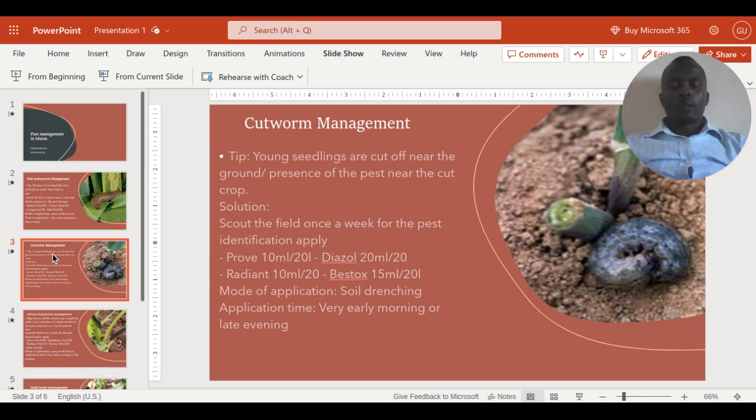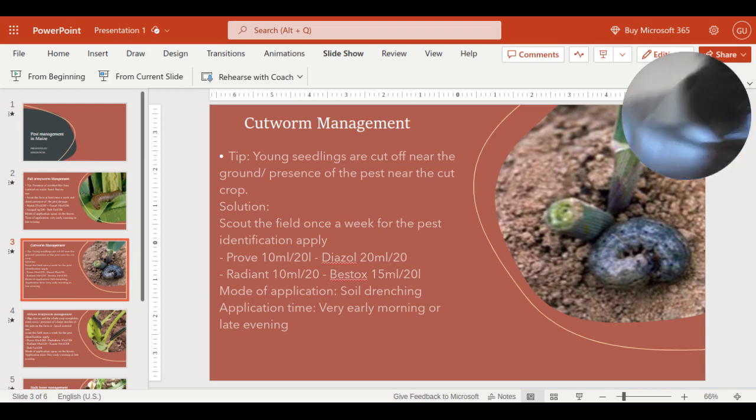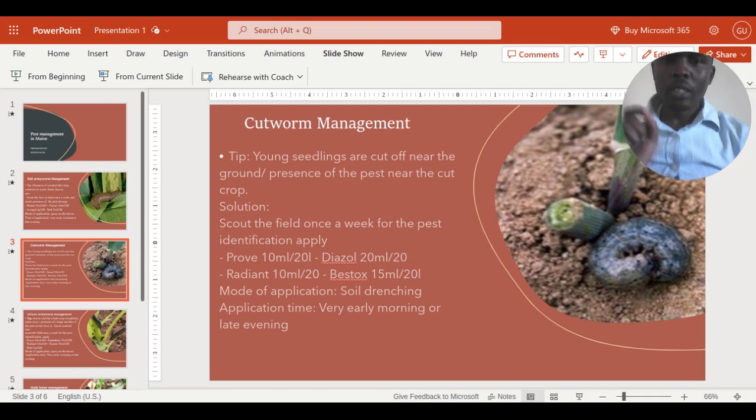The next pest I want us to look at is cutworm. How can you notice that these crops are being affected by cutworm? First, you will observe that the young seedlings are being cut down, or you will see the presence of these cutworms near the stalk or near those crops. The solution, as a farmer, you need to scout your field once a week, very early in the morning or late in the evening.